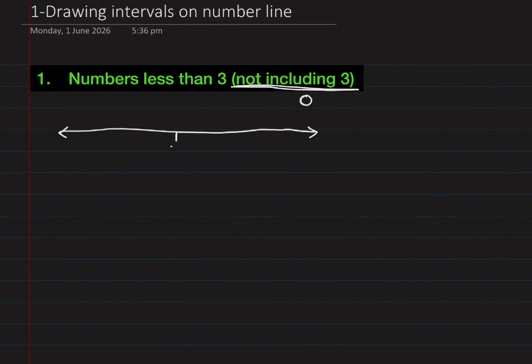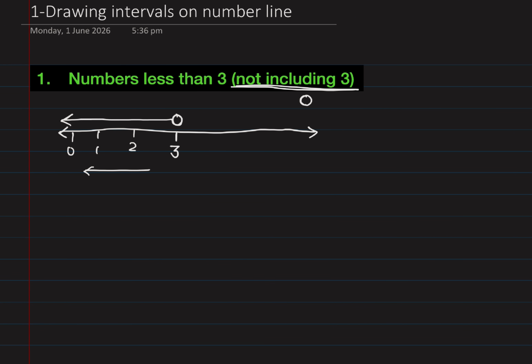And we can draw the number 3 over here and a circle that's not shaded in. Now it's asking us for numbers that are less than 3. Now if we know the number line, we know that numbers on this side are less than 3, because we would have 2, we would have 1, we would have 0, and so on. So we know that we're going to have to draw an arrow that's going in this direction.